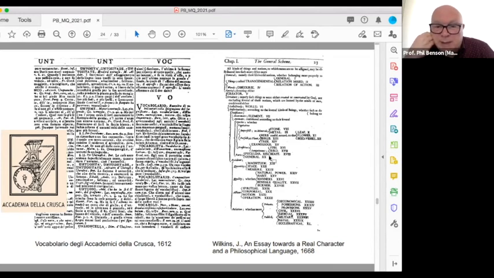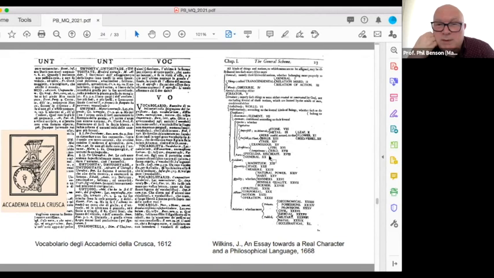On the right-hand side is a page from John Wilkins' Essay Towards a Real Character and a Philosophical Language, and this is a very big book in which he's worked out this entire scheme for developing an artificial language based on logic and based on relations among concepts, rather than the sort of messy thing that is real language.